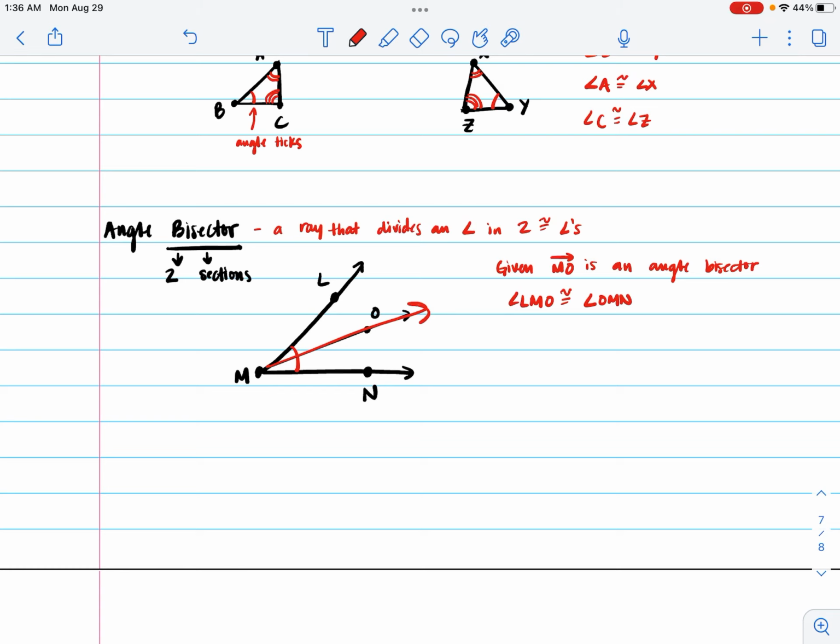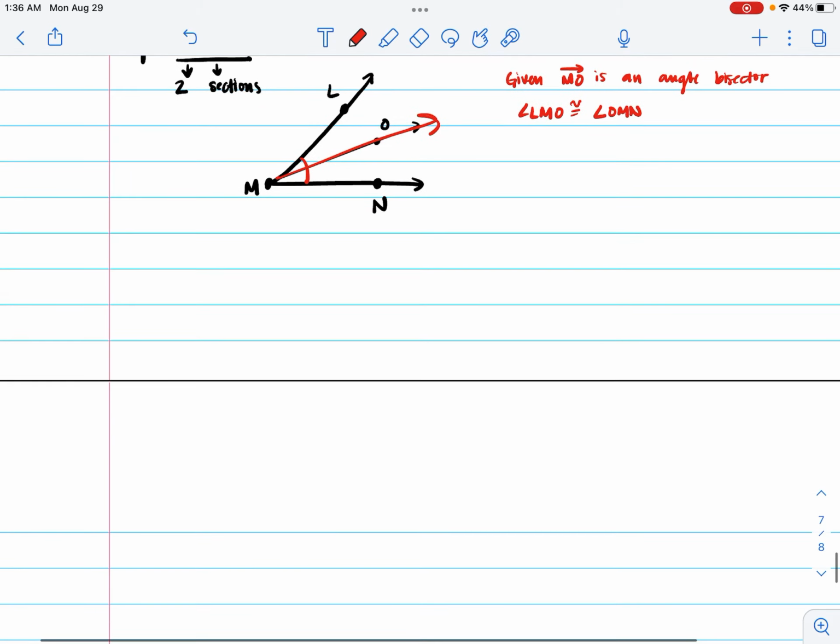Okay? So, the last thing I do want to mention, and this was just good to know, is when you see diagrams, and I'm putting this in purple, because it's important, you don't have to copy it down, but it's important to know. Diagram assumptions.